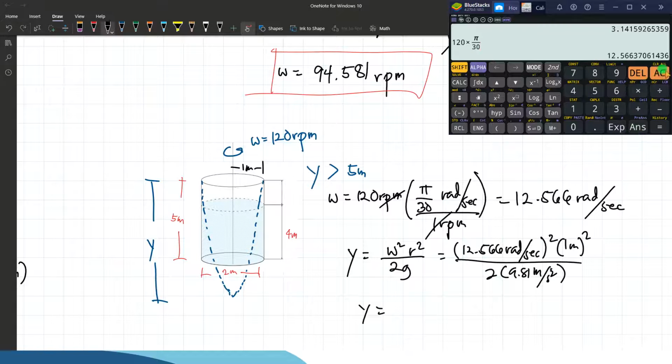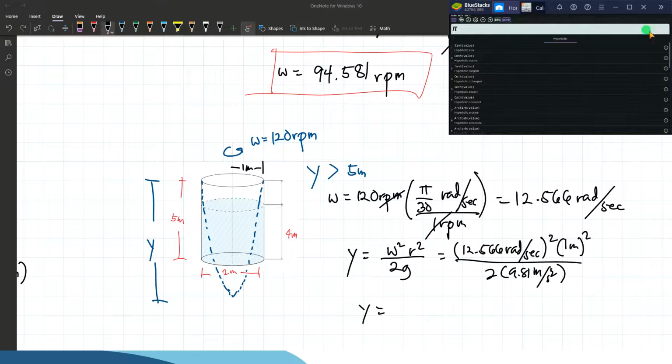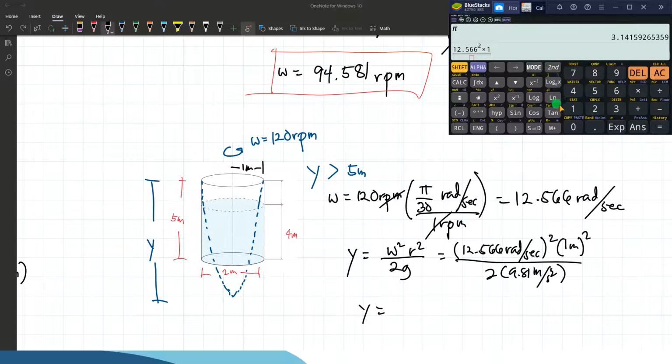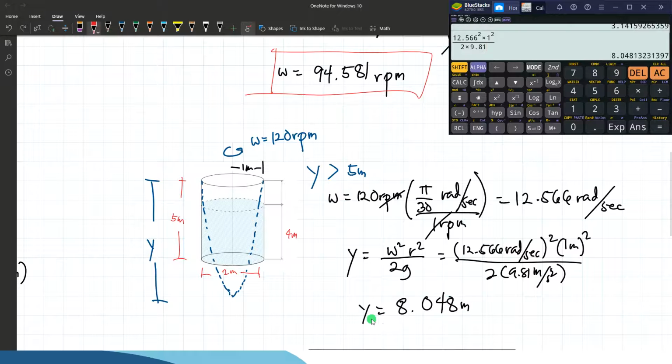Okay, Y is now computed: 12.566 squared multiplied by 1 squared over 2G. The answer is 8.048 meters. So that's your total depth.